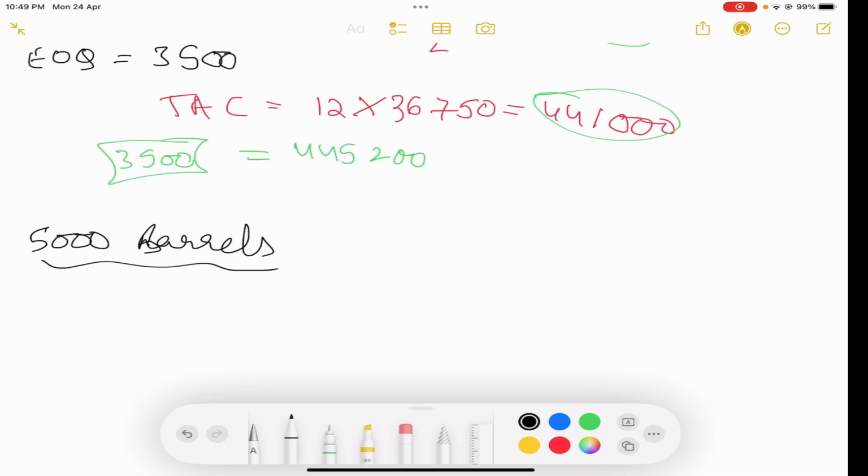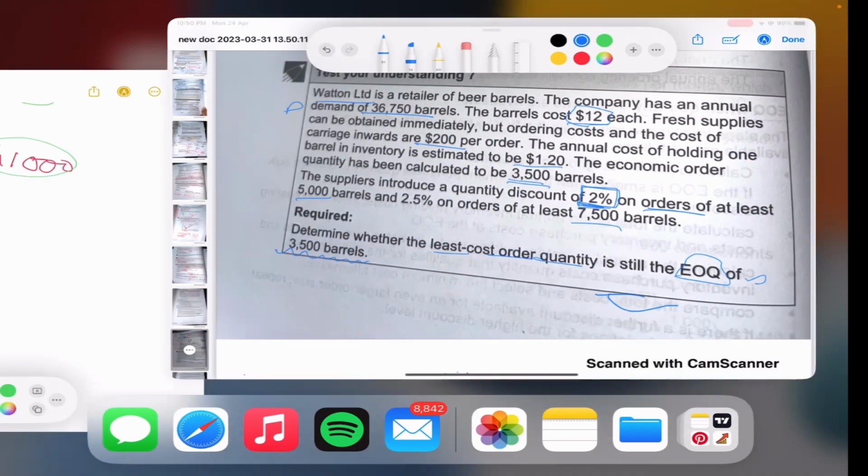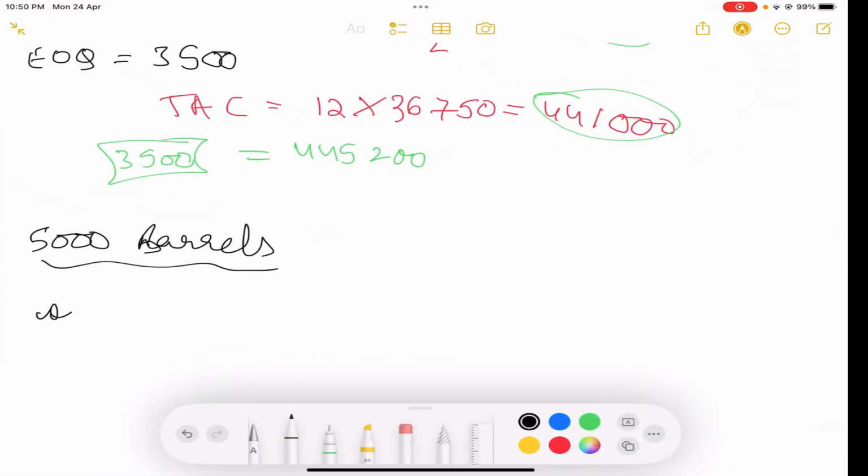So for 5,000 barrels, I will do it now. Everything else is the same. The supplier introduces a quantity discount of 2% on orders of at least 5,000 barrels. All right, so how am I going to go about that? First, let me do my ordering cost.